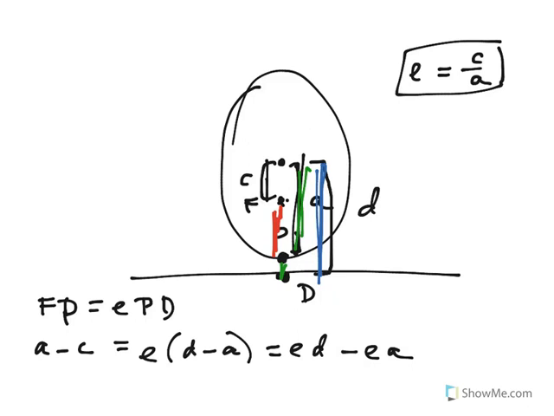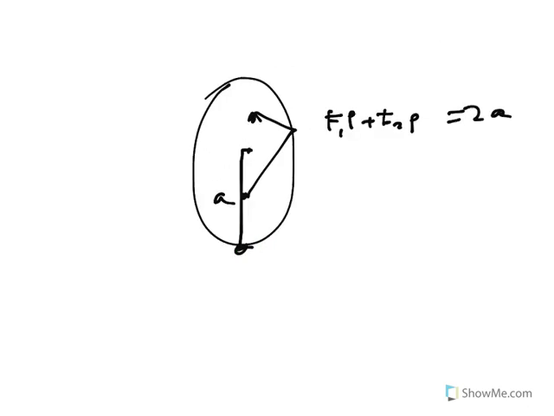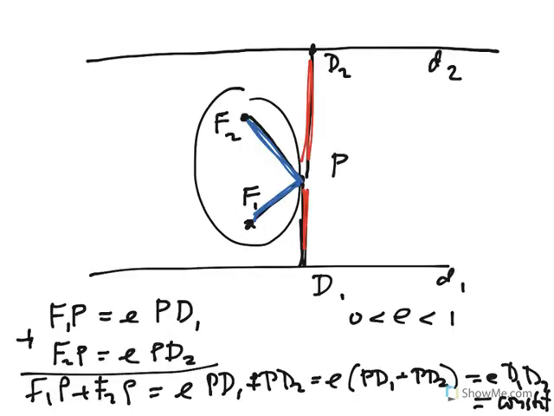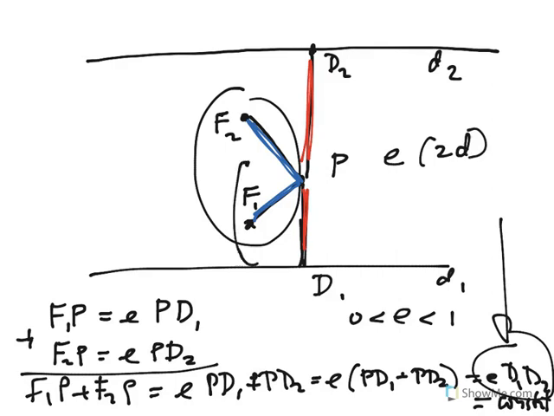Now we can do one more thing here. If I come back to the constant distance, which is 2a, which means over here, this thing, this E D1D2, which is really the same thing as 2 lowercase d, if I'm going to call this distance d, just like I did in the other diagram.